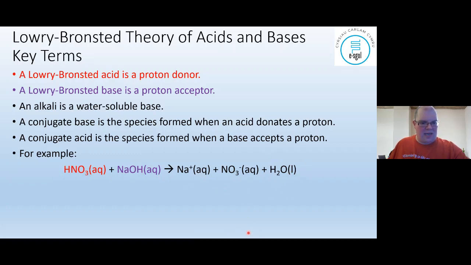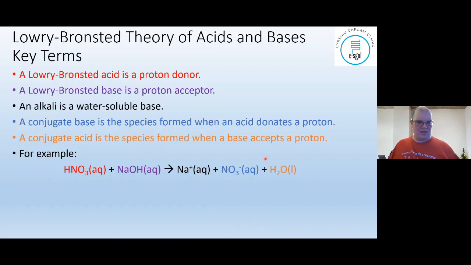The conjugate base is what forms when the acid donates a proton, so that is the nitrate group. And then finally, the conjugate acid is the species formed when a base accepts a proton. Well, that is the water, because the OH minus has accepted a proton and become water.